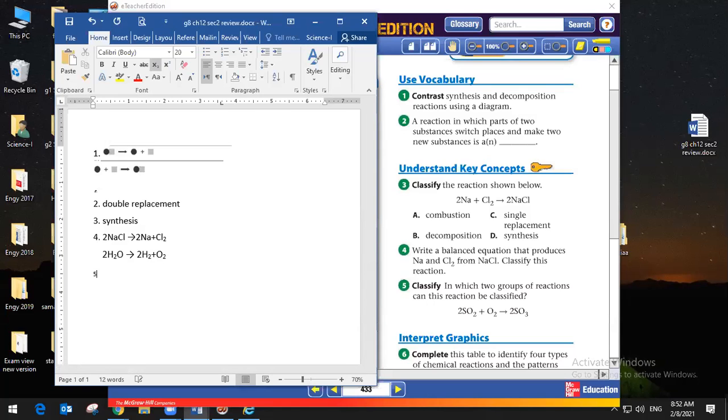Okay, guys, question number 5. Let's find here. So he asked in which two groups of reactions can this reaction be classified?